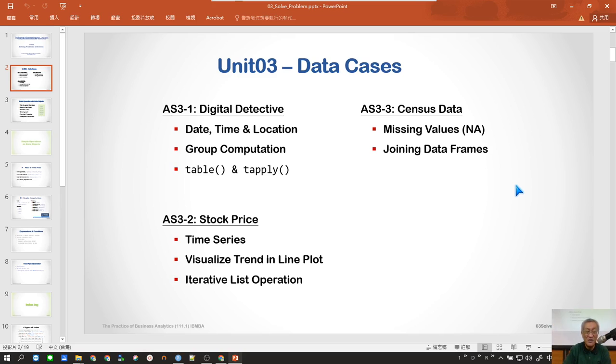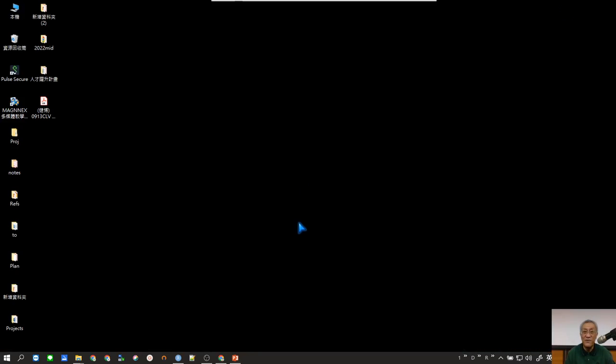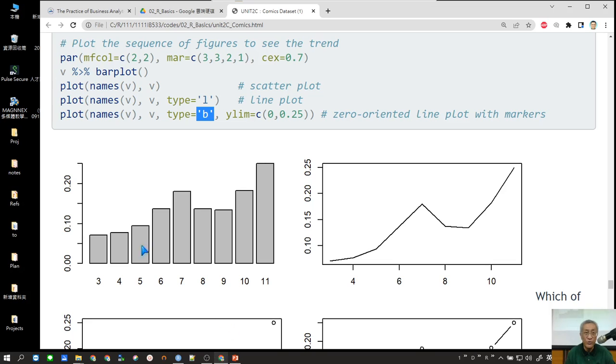The data sets are given in AS31, 32, and 33. You can get the data set by going to Unit 3.